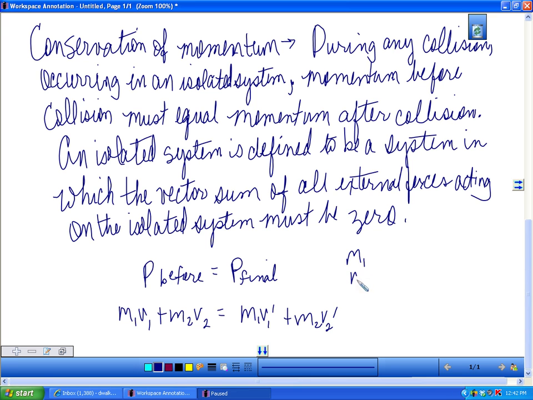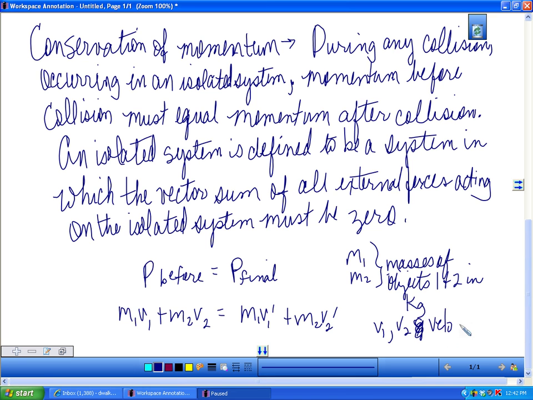M1, M2, masses of objects 1 and 2 in kilograms. V1, comma V2 are the velocities.